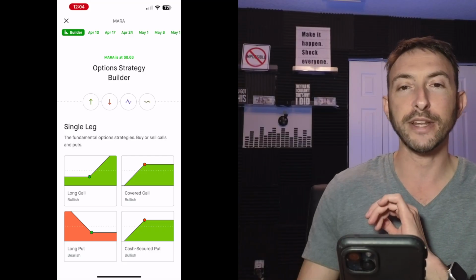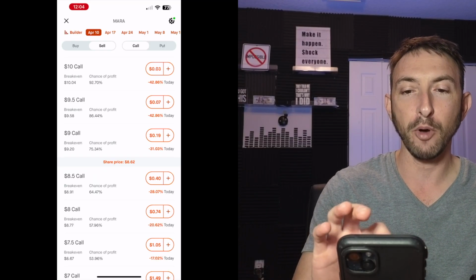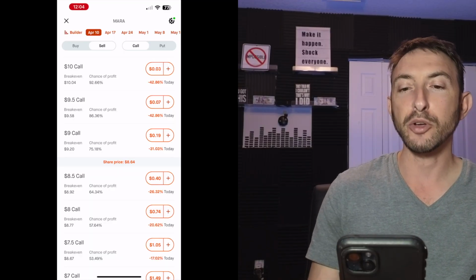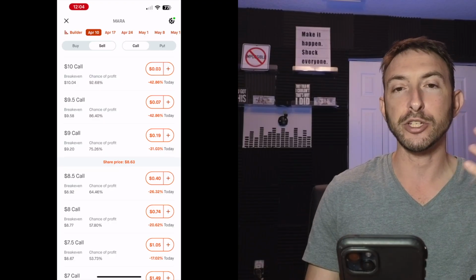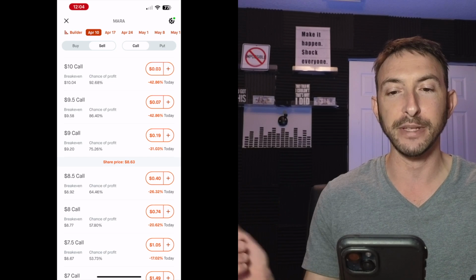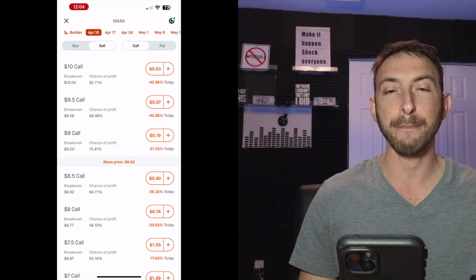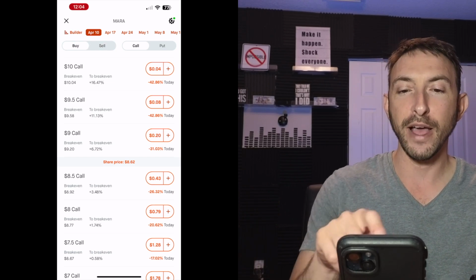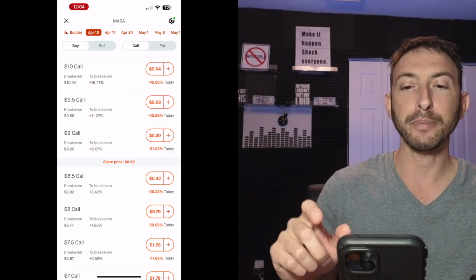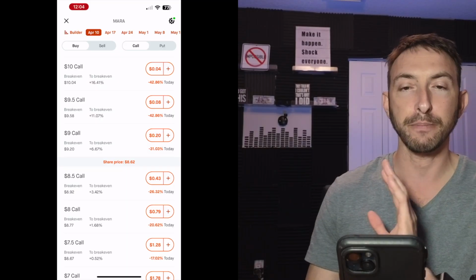The dates are when it expires. So if I bought one for the 10th, that means it is expiring Friday. The farther you go out, the cheaper they're going to be, because there's more chance of what you want to happen to actually happen. So let's just say I wanted to be risky and buy this one for Friday. You could either buy a call, buy a put, or sell a call and sell a put.